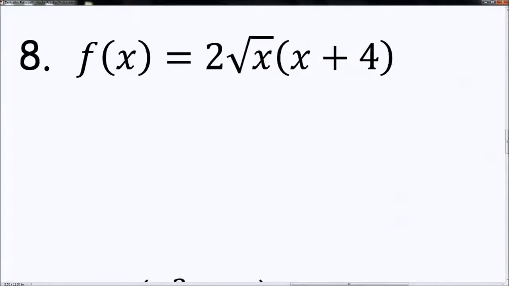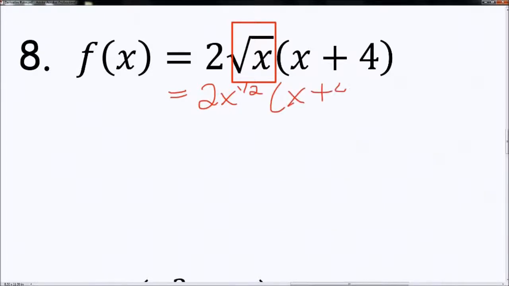Alright, f of x, I have two things I need to change. I need to change this into power form and then multiply it through. So first I'm going to change it to power form. So this will be 2x to the 1/2. And then I'm going to finally multiply it. And so I'm going to do 2 times x, and I have x to the 1 times x to the 1/2.